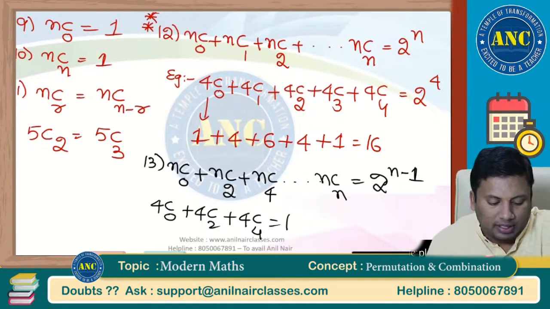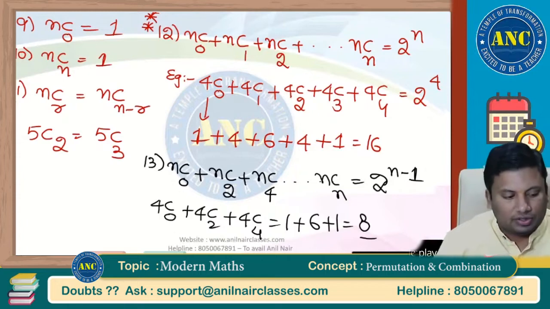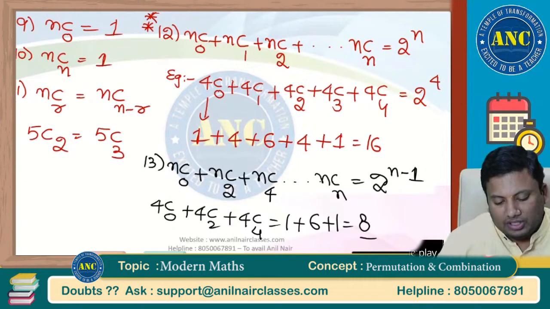These are 1, 6 and 1, so the sum is 8. So it is nothing but 2 power 3. 4C0 plus 4C2 plus 4C4, even, it is nothing but 2 power 4 minus 1.